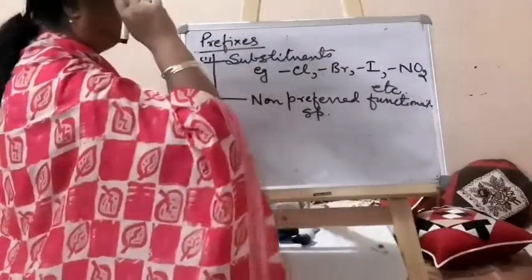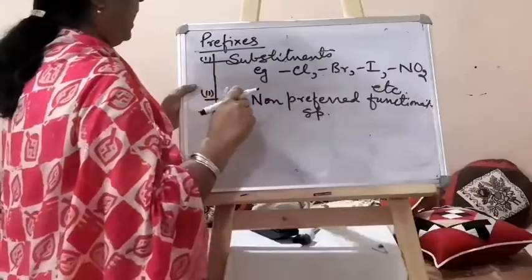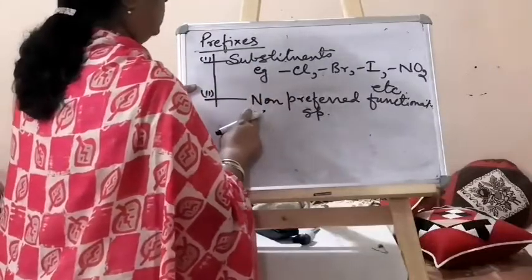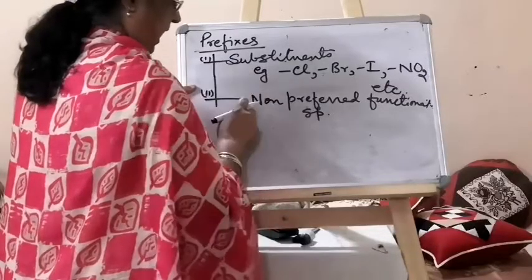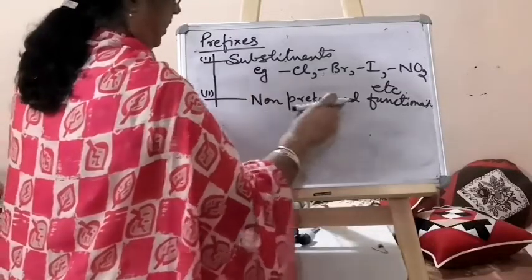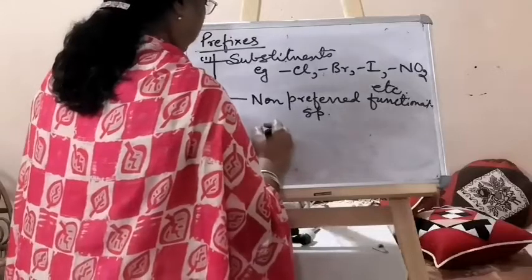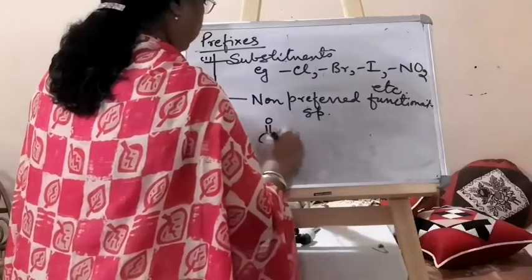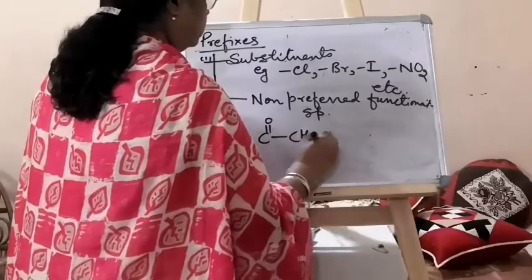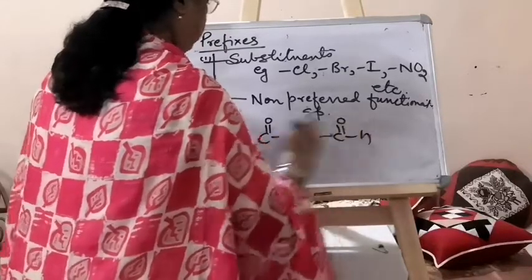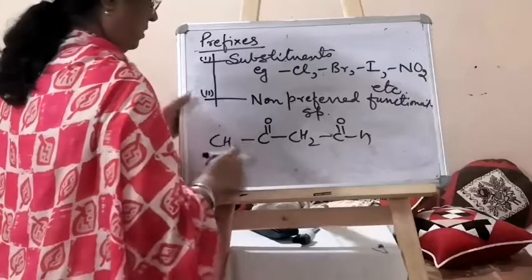They will get the status of substituents. So substituents can be non-preferred functional groups. As I told you, we have a ketonic group, CH2 and C double bond O aldehyde, and CH3 here.